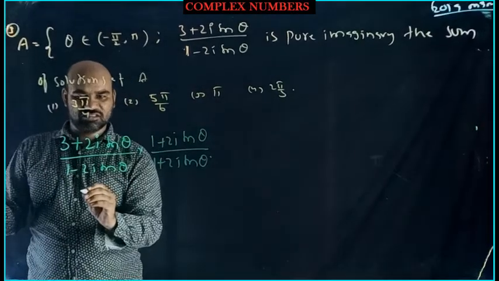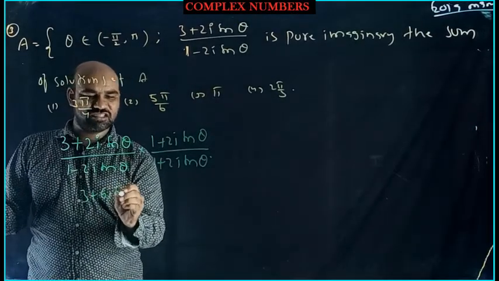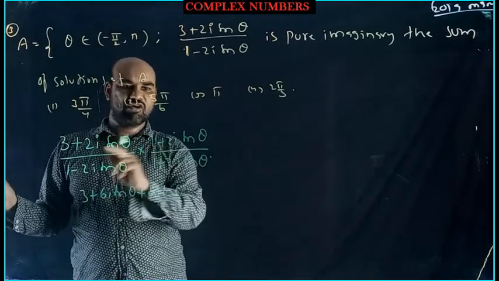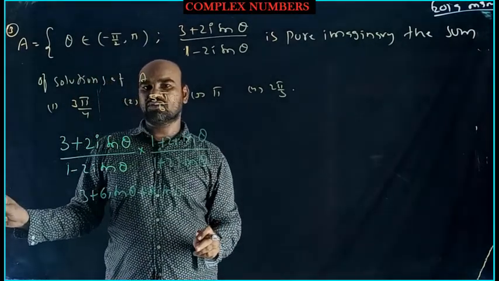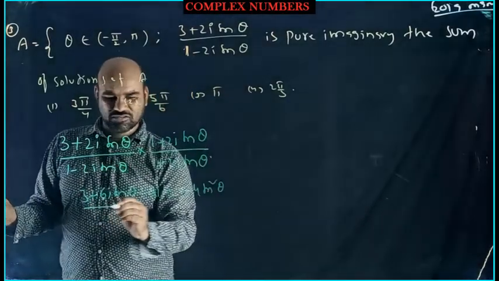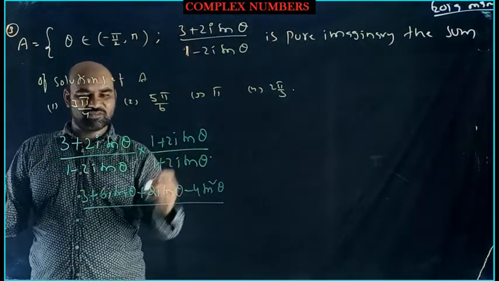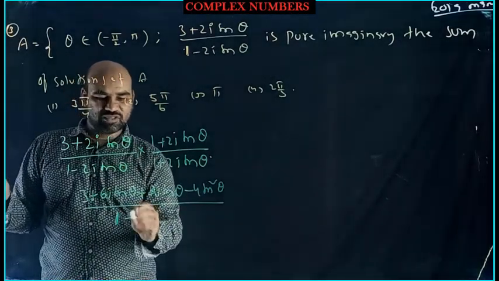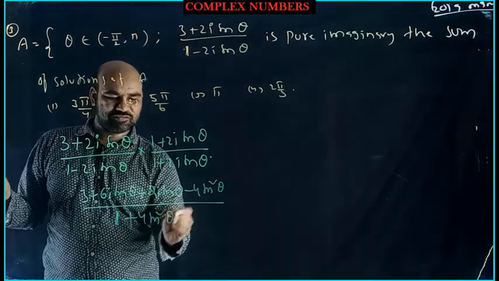So 3 plus 6 iota sin theta plus 2 iota sin theta, and 4 iota square sin square theta, iota square is minus 1, so minus 4 sin square theta, by (a plus b) into (a minus b), a square is 1, minus b square, where 4 iota square sin square theta becomes directly 4 sin square theta.